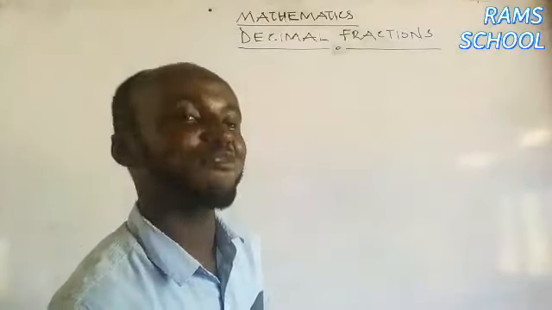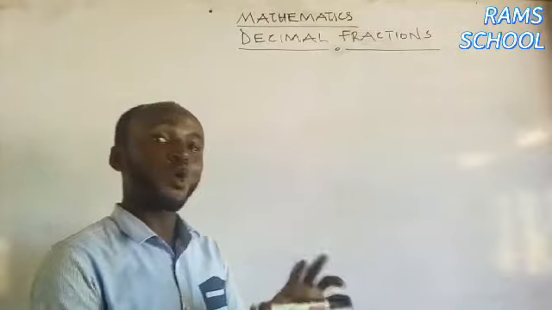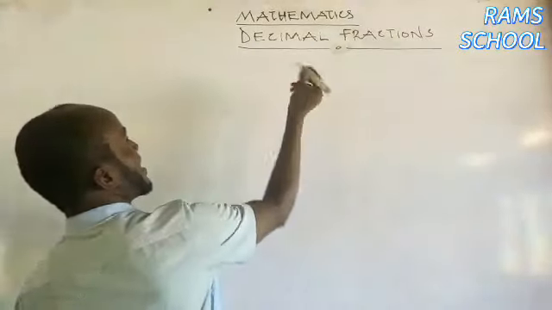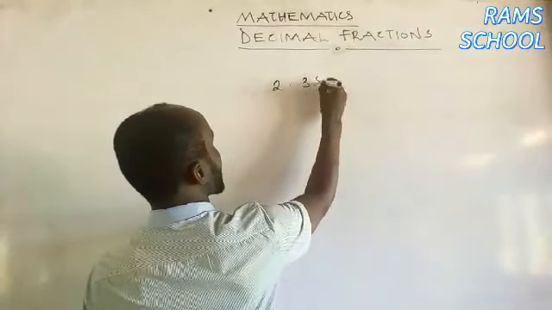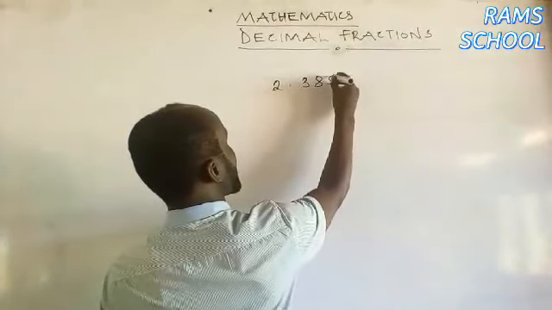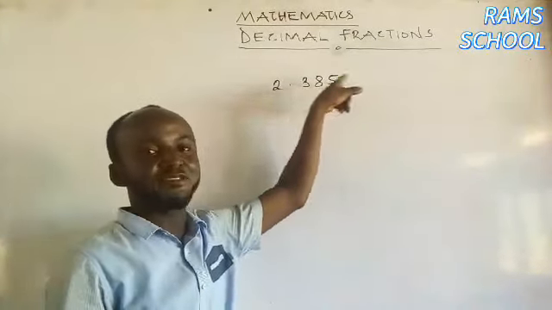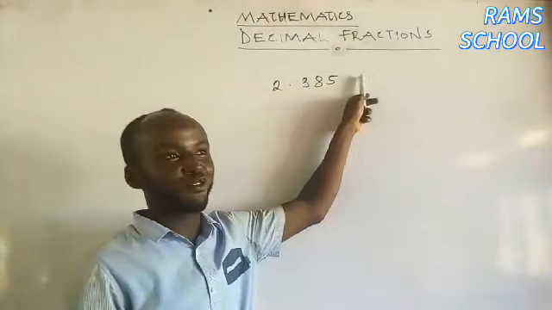When we say a decimal fraction, it normally comprises a whole number part and a decimal fractional part. For instance, if I give you 2.385, this is read as 2.385, not two point three hundred and eighty-five.